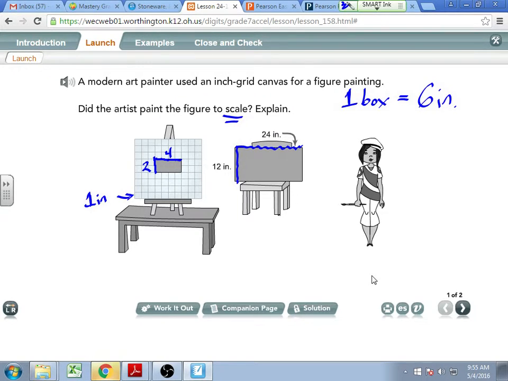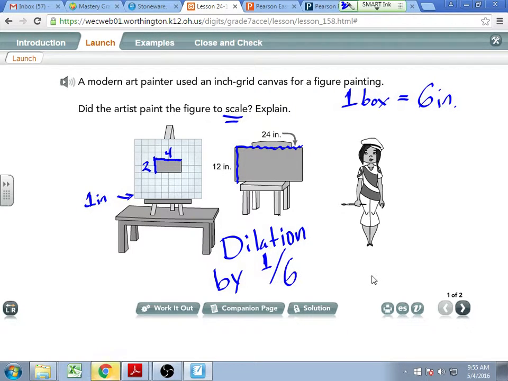We already have it. 1 box to 6 inches, but we could just say this is a dilation by, now would this be a dilation by 6 or by 1/6? If this is my original and this is my new. Jackson? 1/6. Yep.